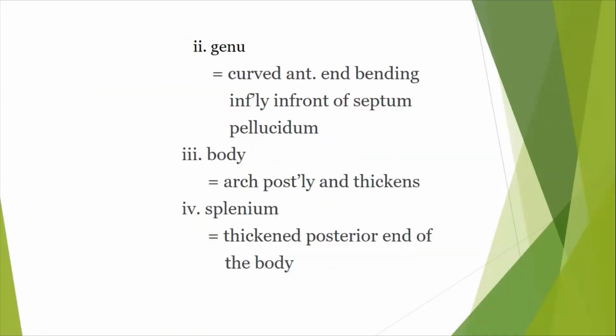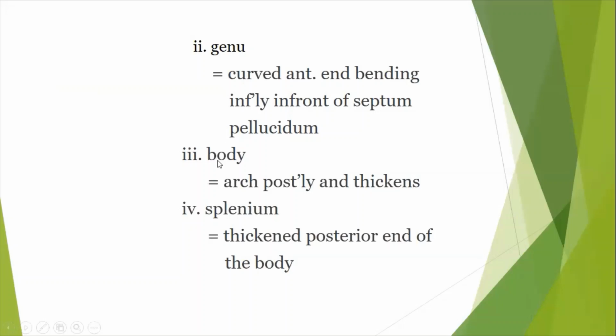Then the curved anterior part, anterior to the rostrum, is the genu. That's why this is called a genu, because in Latin it is termed as knee or bended knee. It is curved anteriorly and bending inferiorly in front of the septum pellucidum.